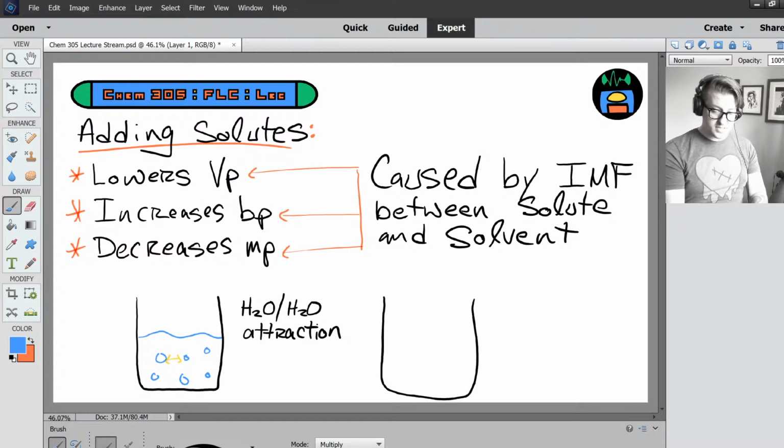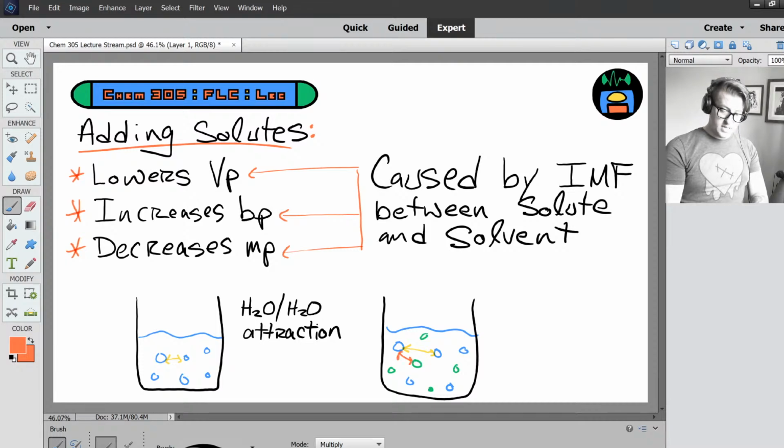If you compare this to a solution in which sodium chloride is dissolved, right? So let's add a solute. So now we have other particles. There's still water-water attractive forces, but now we also have attractive forces between the solute and the solvent.